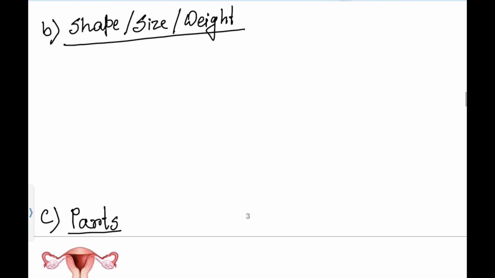Now coming to the shape. What is the shape of this ovary? The shape of this ovary is almond shape, or we can say ovoid shape.